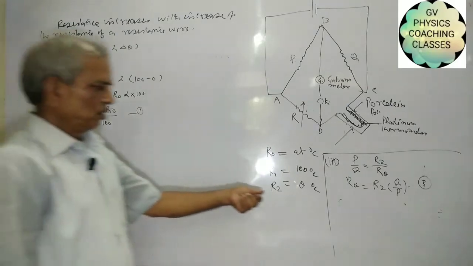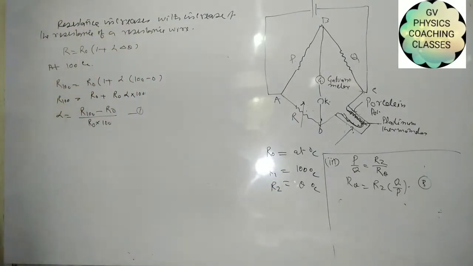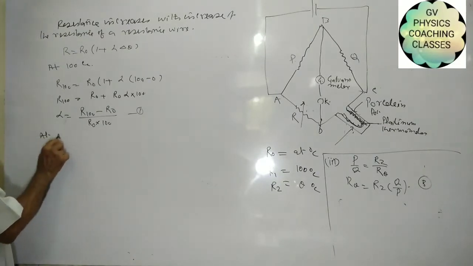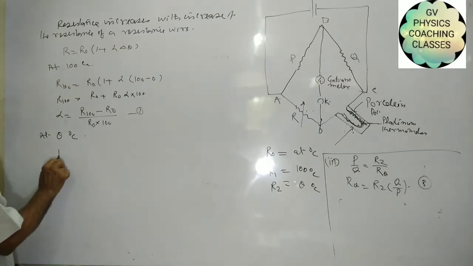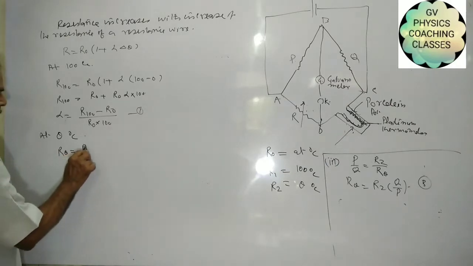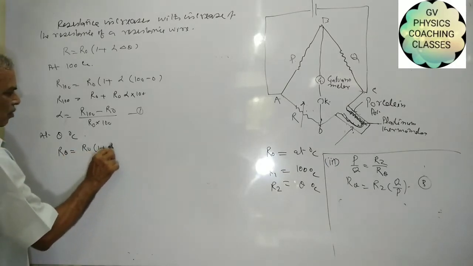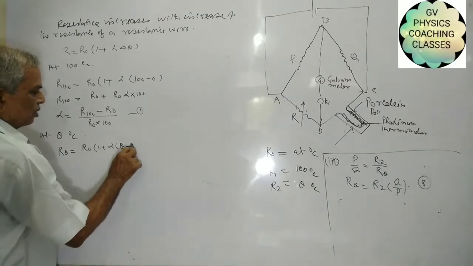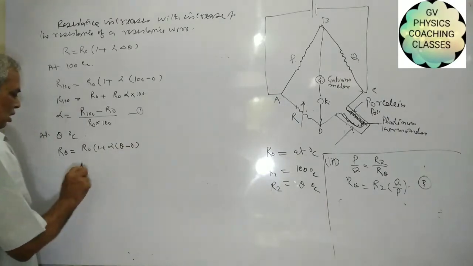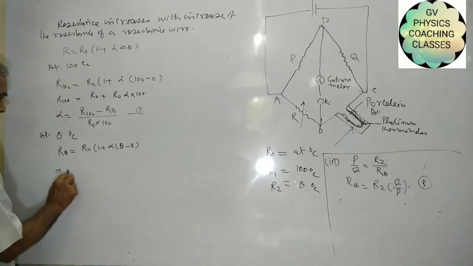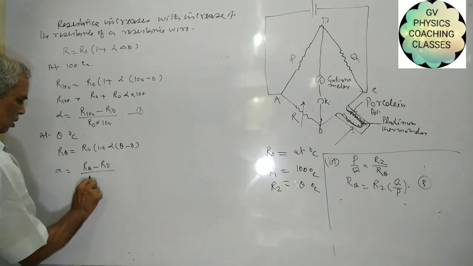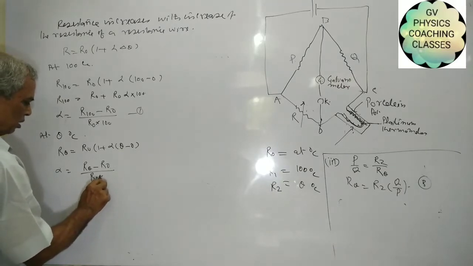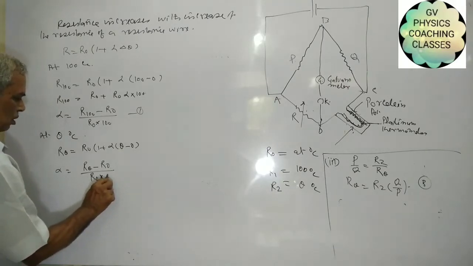Similarly for theta values, at theta degree Celsius, R theta is equal to R naught into 1 plus alpha theta, or alpha is equal to R theta minus R naught upon R naught into theta.